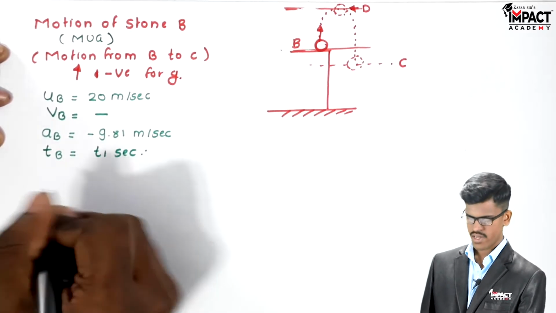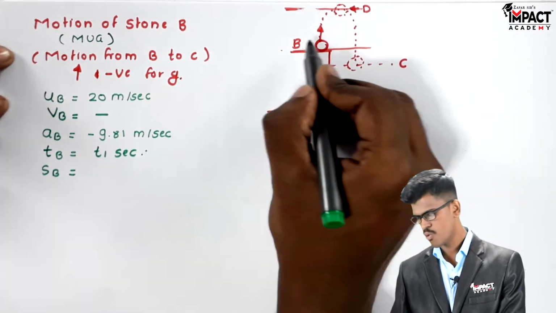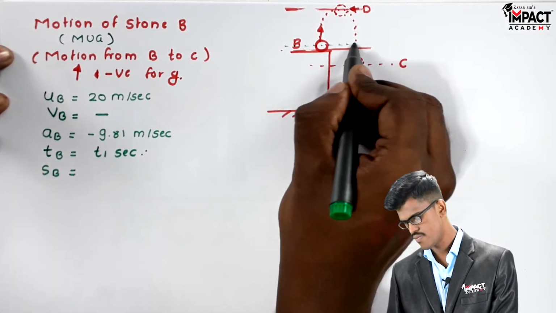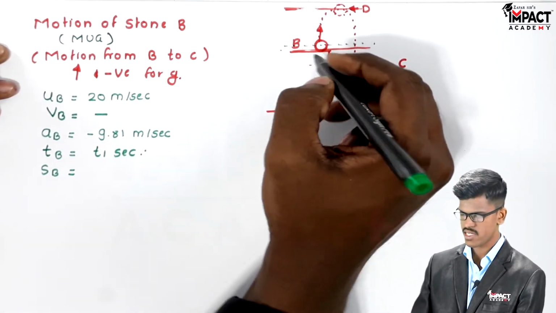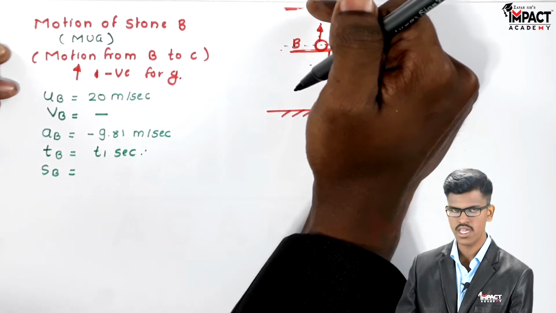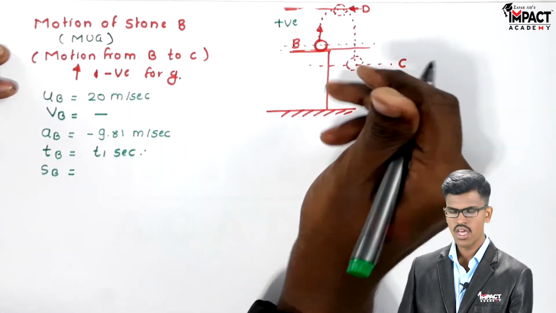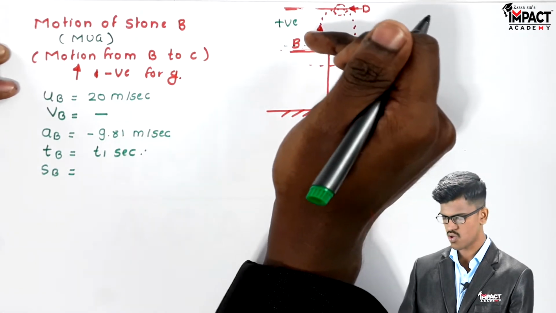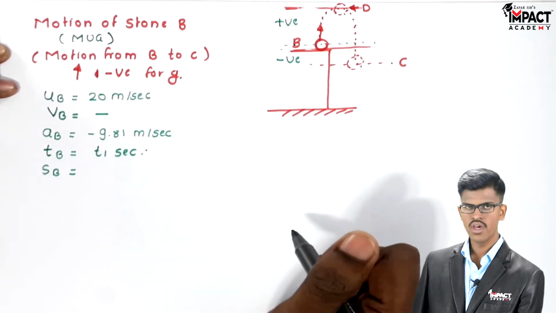Now the displacement of stone B. Initially, we consider the sign convention: if the displacement covered by stone B is in the upward direction, we consider it positive, and displacement below the initial position we consider negative.